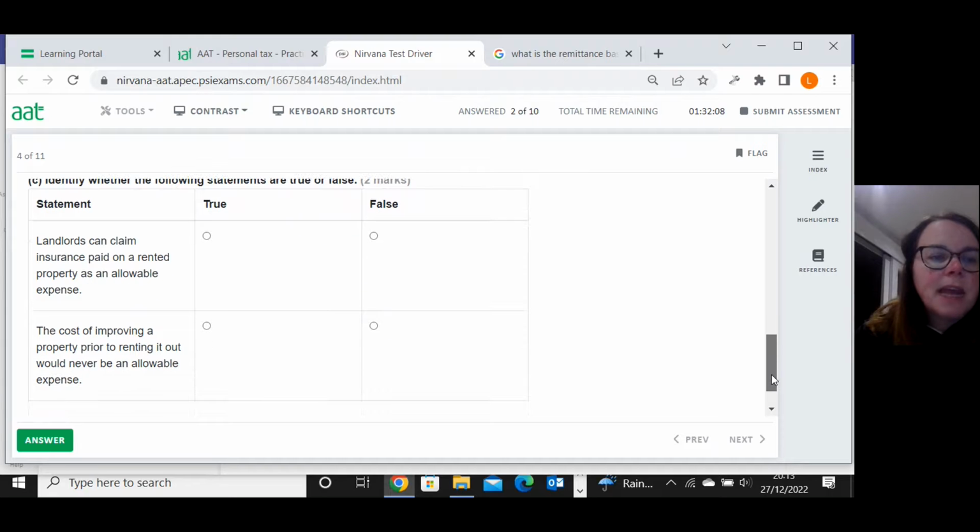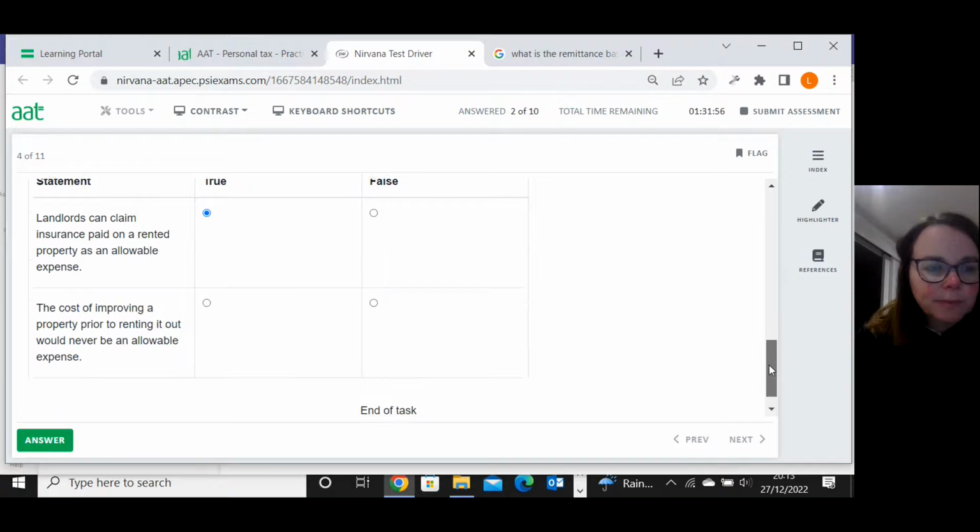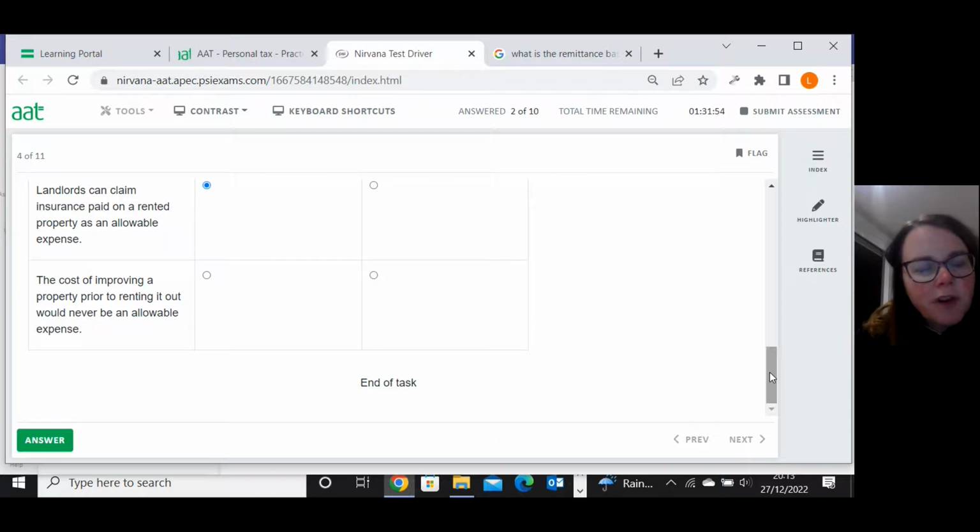True or false? Landlords can claim insurance paid on a rented property as an allowable expense. Yes, insurance is a revenue expense, so that is fine. The cost of improving a property prior to renting it out would never be an allowable expense.